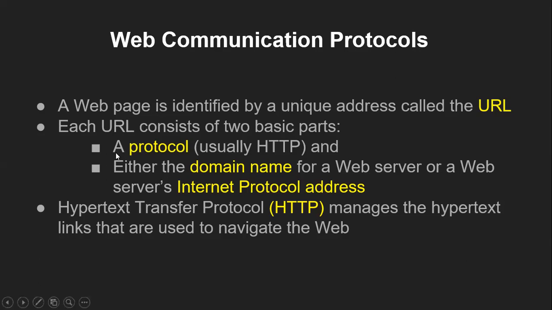The first part is called a protocol, while the second part is called the domain name. Hypertext Transfer Protocol, that is what HTTP means. HTTP manages the hypertext links that are used to navigate the web.